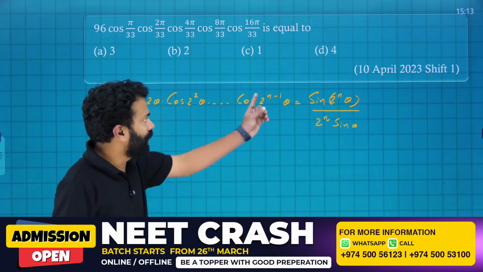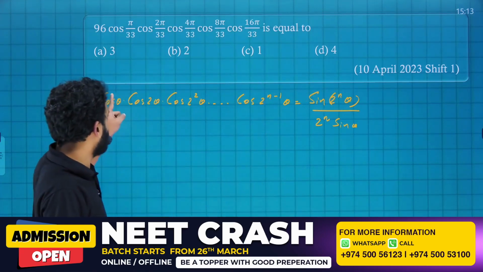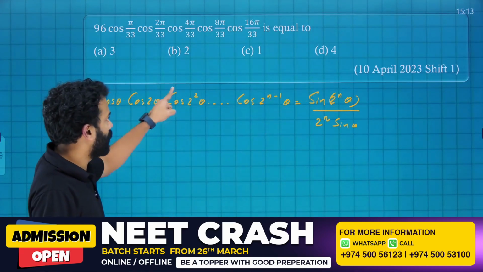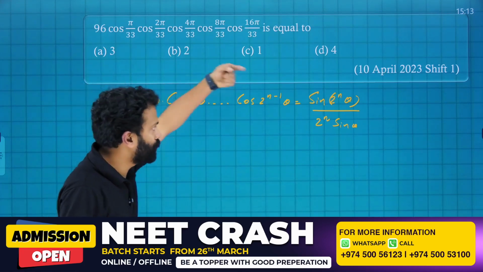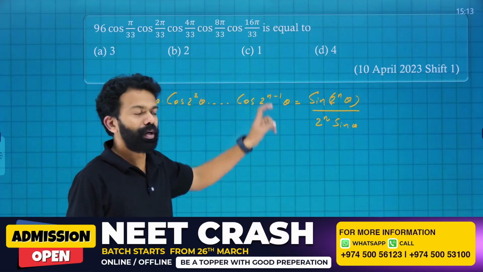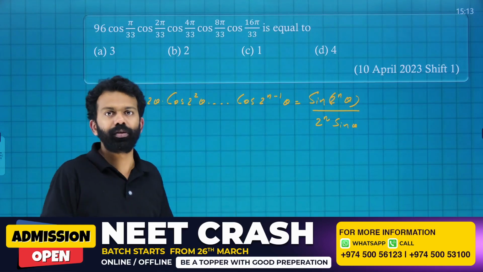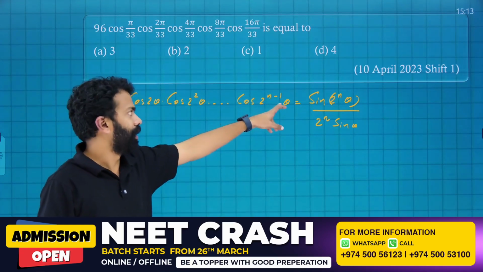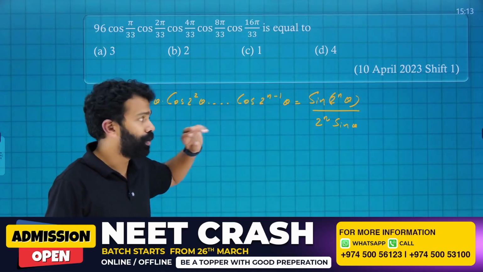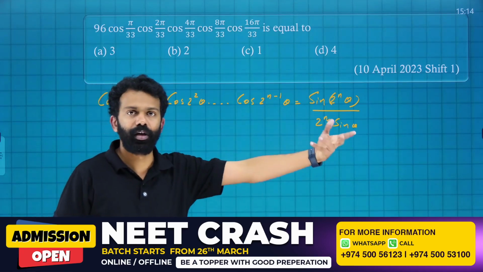Okay, you should consider the next number. See, it will be like theta, 2 square theta, 2 cube theta up to 2 raised to n minus 1 theta. But in the formula, don't use this one. Okay, so many students are making that mistake by using the coefficient of this value. Okay, you don't have to use that value, you have to use the very next value.